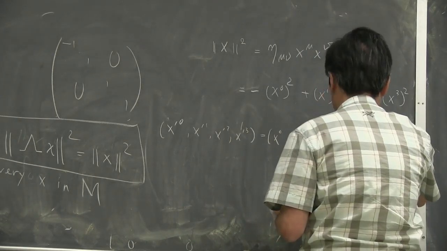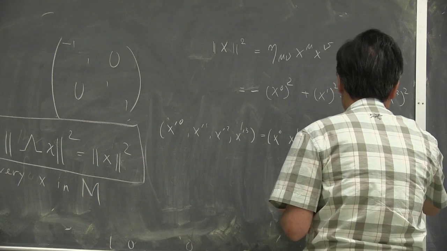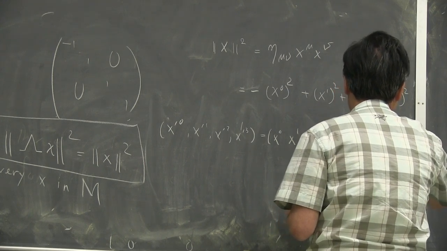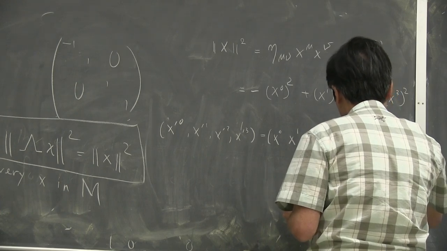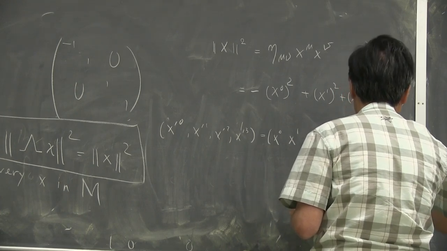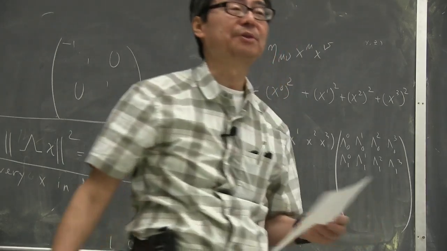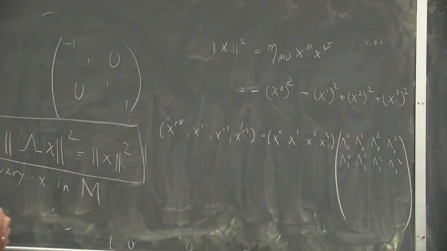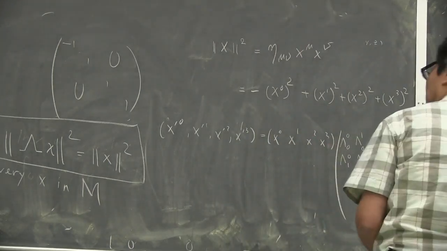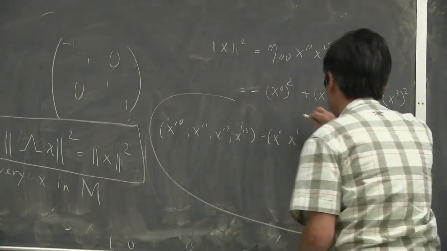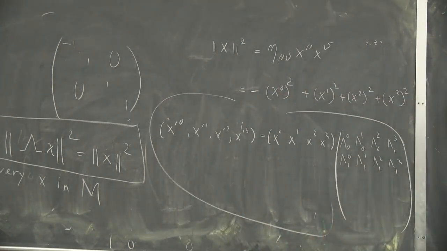Lambda 0 0, lambda 0 1, lambda 0 2, lambda 0 3, and so on. Lambda 1 0, lambda 1 1, lambda 1 2, lambda 1 3, and so on and so forth. And you see that this matrix multiplication equation is actually this one here.